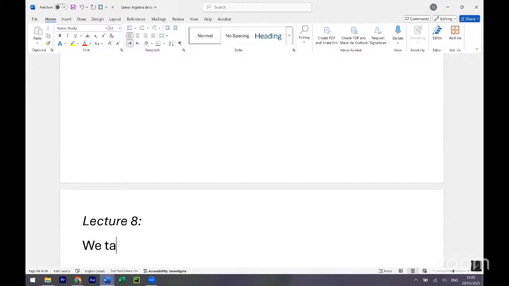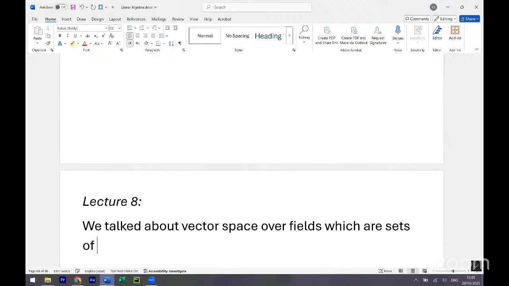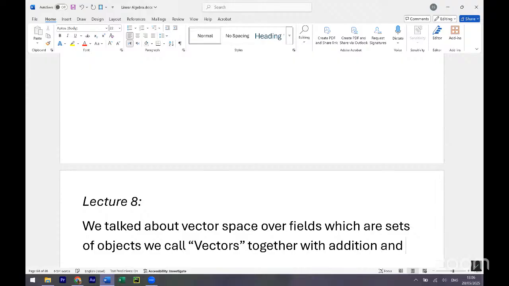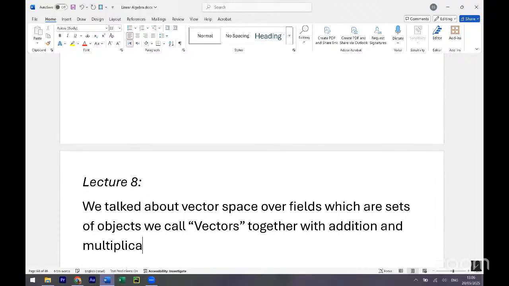we talked about vector spaces over fields, which are sets of objects we call vectors, together with addition and multiplication by a scalar and some nice properties.